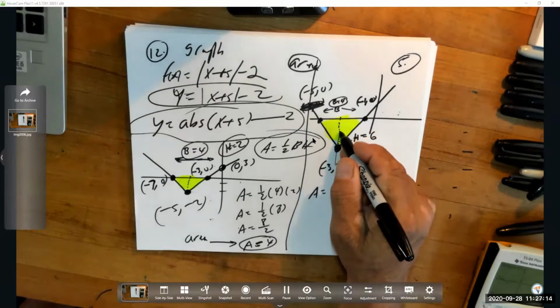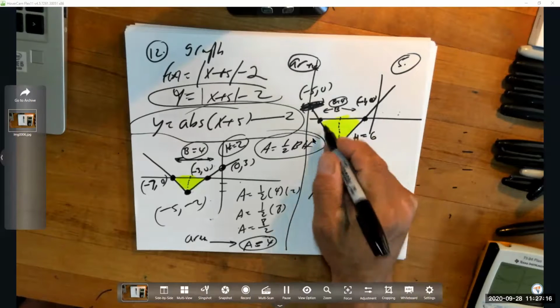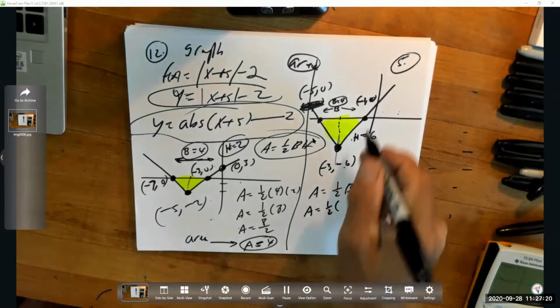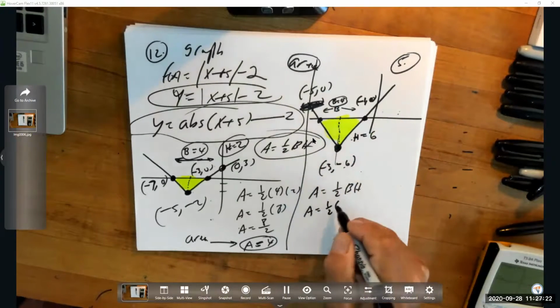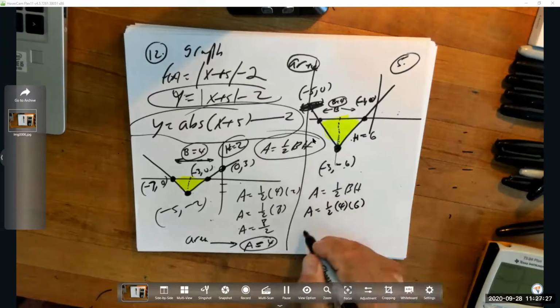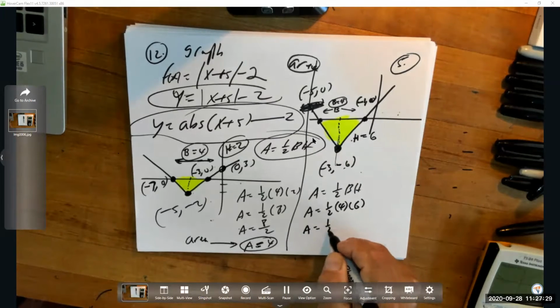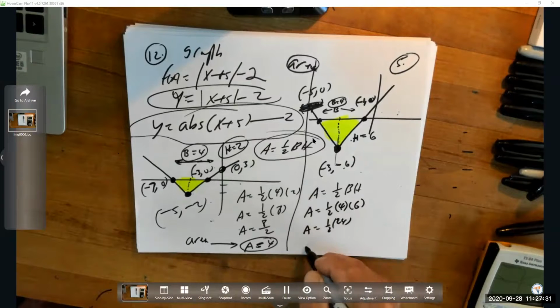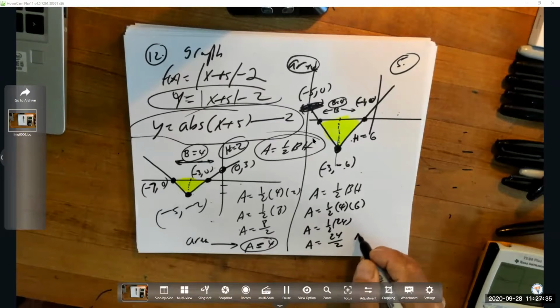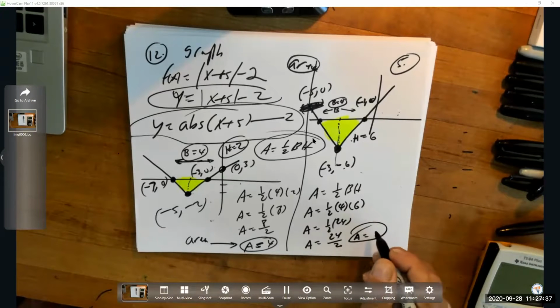So how far does this go down here? 6 spaces, and across like this, 4. So let's put the numbers in here. Half of what space? It was 4. What's the height? 6. So area is 24 over 2. Area is what?